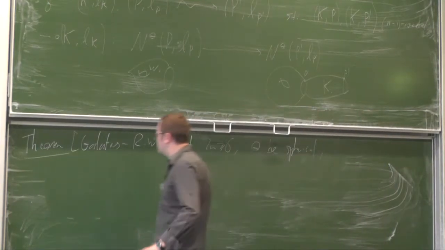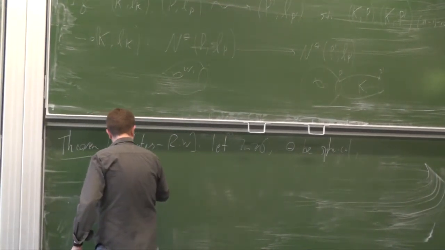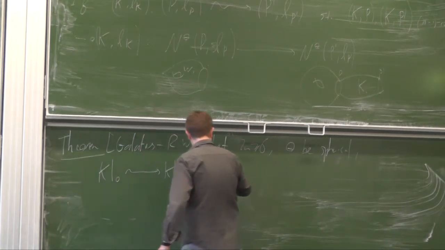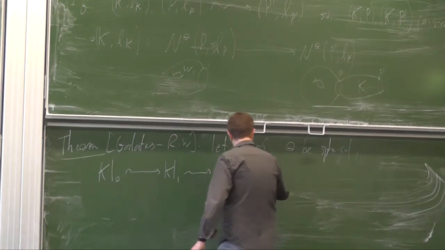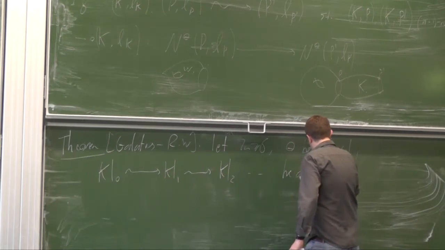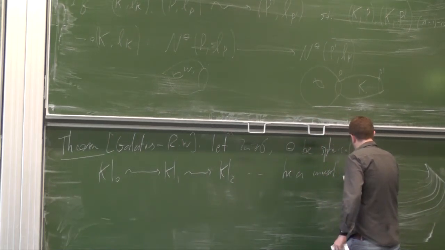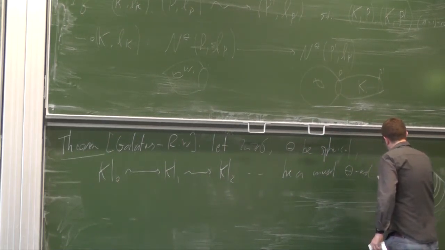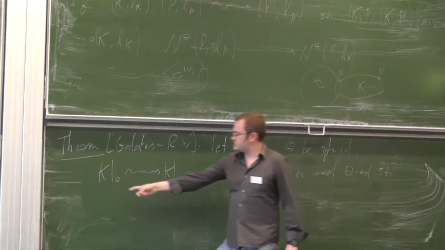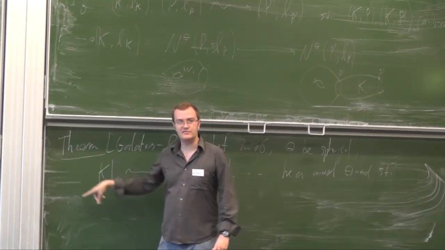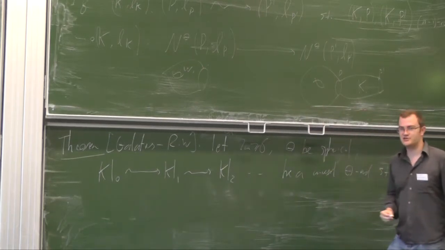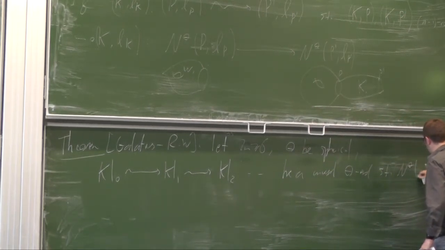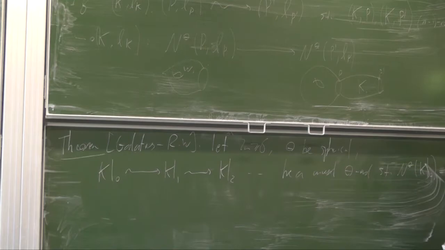Right, and let this be a universal theta end, such that the first thing has a null bordism to the left. Otherwise, the space of null bordisms is going to be pretty dull. So this is not empty.